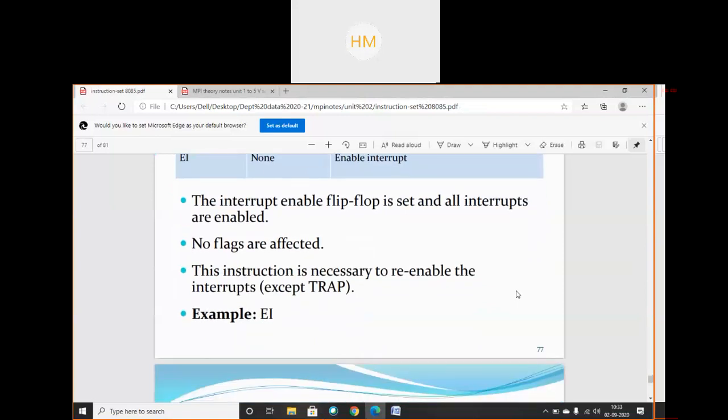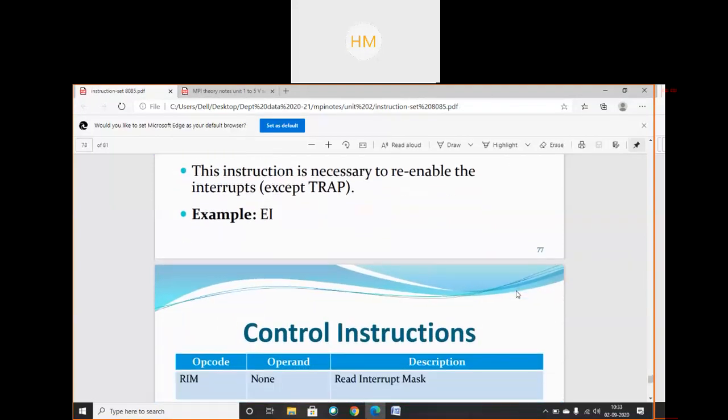So moving ahead in this series, the next very important instruction, and you have to remember its register configuration also, is RIM. Read interrupt mask. What is it? See, there are many times we are sometimes enabling the interrupt, sometimes disabling the interrupt, sometimes using only one interrupt.